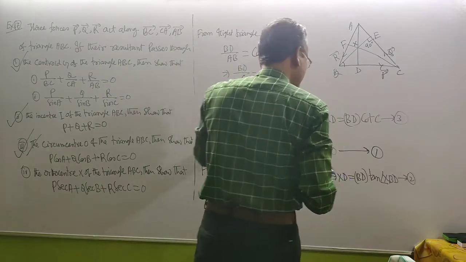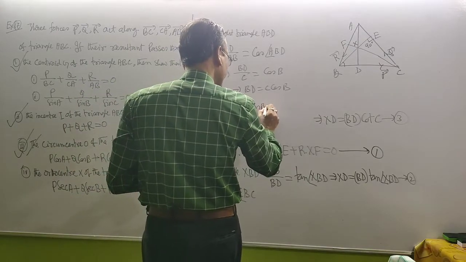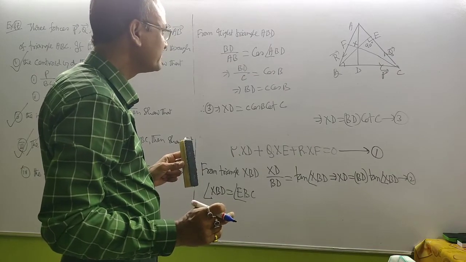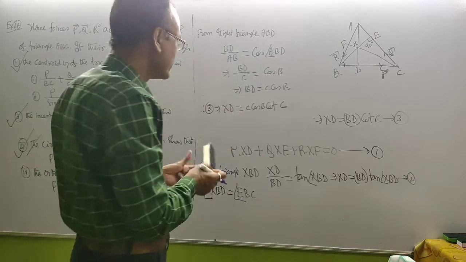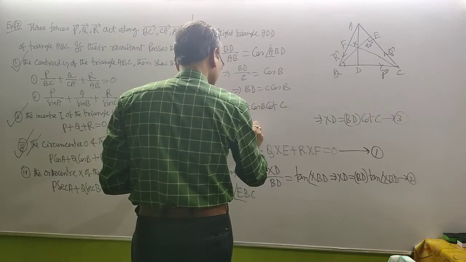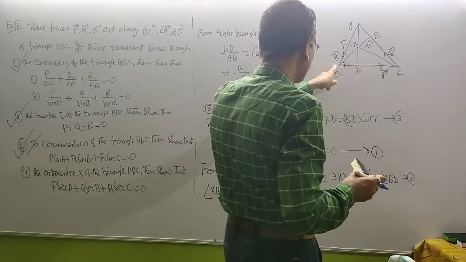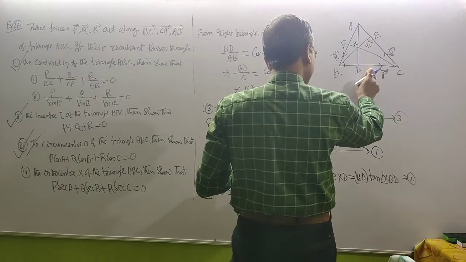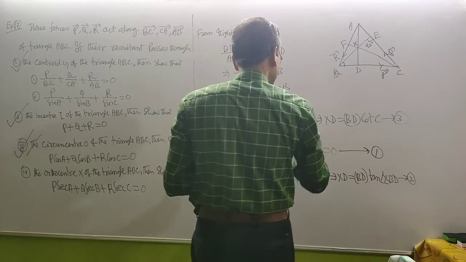Therefore, from 3, XD is equal to BD cot C, which is c cos B cot C. Similarly, XE is equal to a cos C cot A, where the left side is BC, which is a.